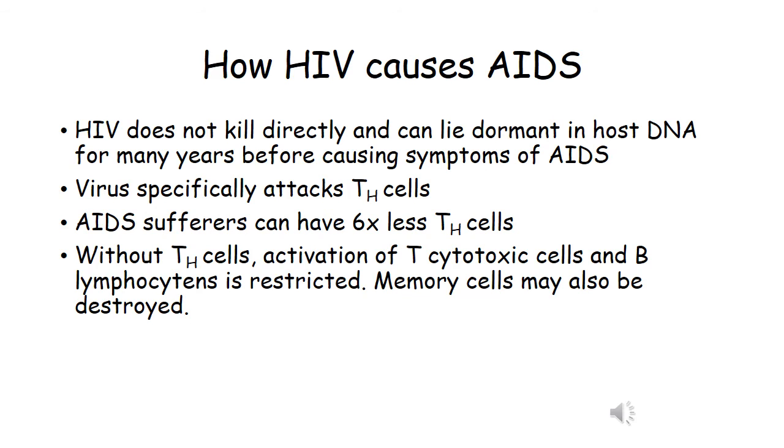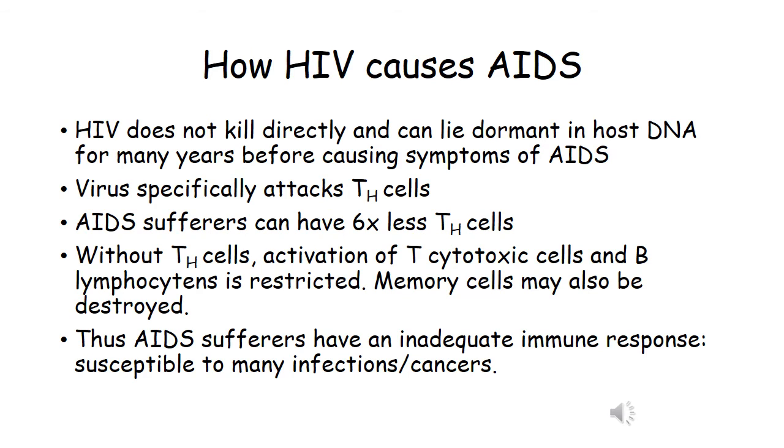So the T cytotoxic cells, for example, and the B lymphocytes, as we have studied. Memory cells may also be destroyed. So therefore, AIDS sufferers end up with a very inadequate immune system, and this would leave them open and susceptible to many other infections and also cancers.